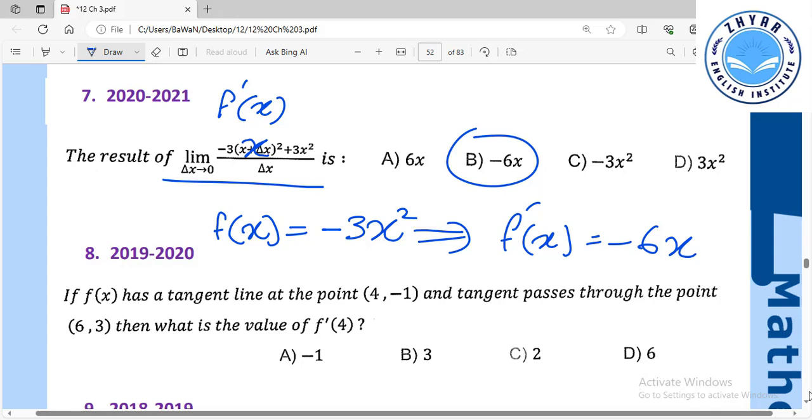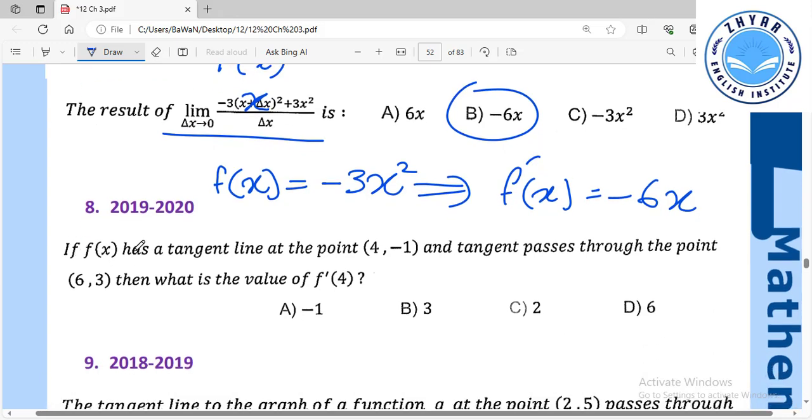19. If f(x) has a tangent line at the point (4, negative 1), and the tangent line passes through the point (6, 3), then what is the value of f prime 4? This is the derivative at 4. No function is given to help me find f, no limit is given, no graph is given.